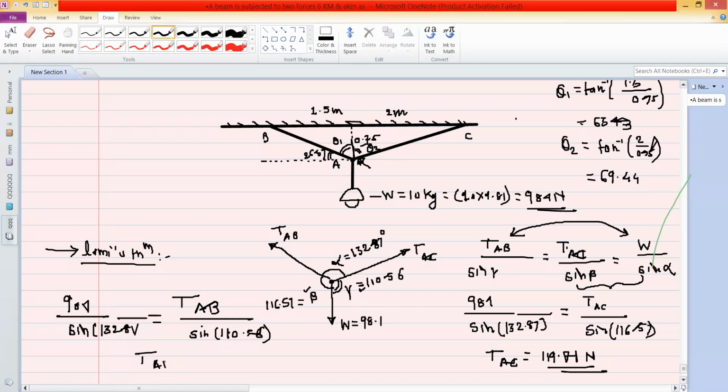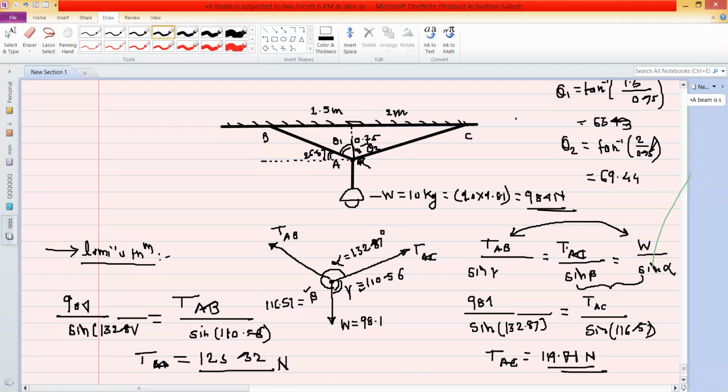So you can find out the tension AB. So tension AB is equal to 125.32.